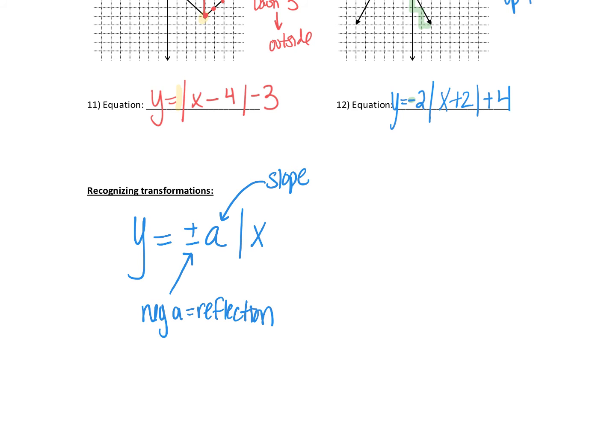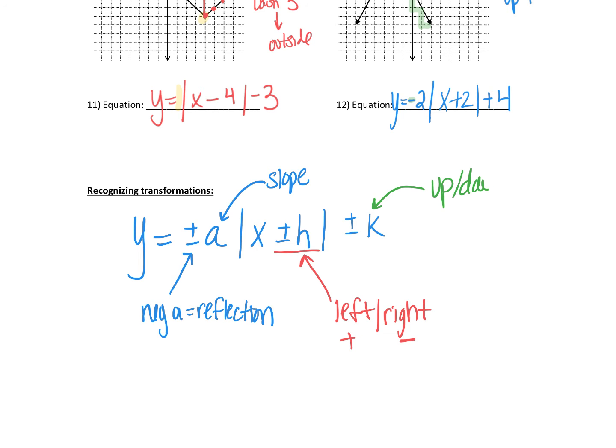Then we have the absolute value of x plus or minus some h number. This h number is moving left or right. Plus is left, minus is right. Then at the end, we're going to have this plus or minus a k number. This k number is up or down. If it's plus, it's up. If it's minus, it's down.